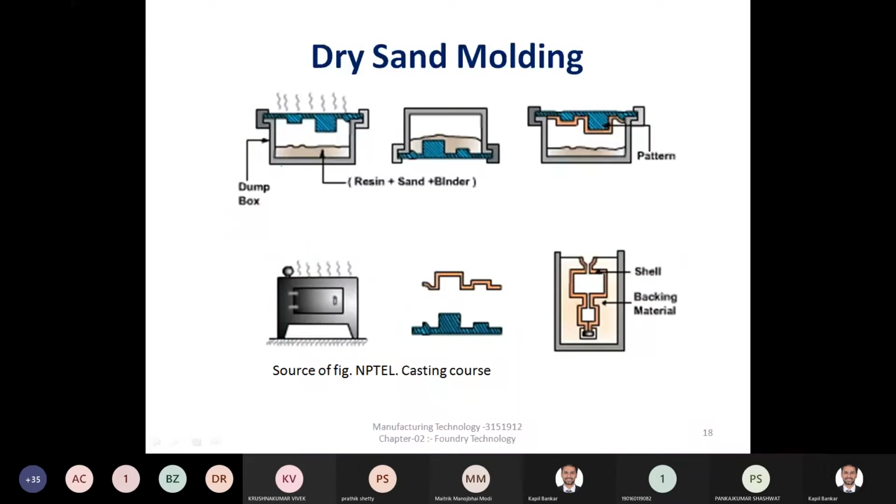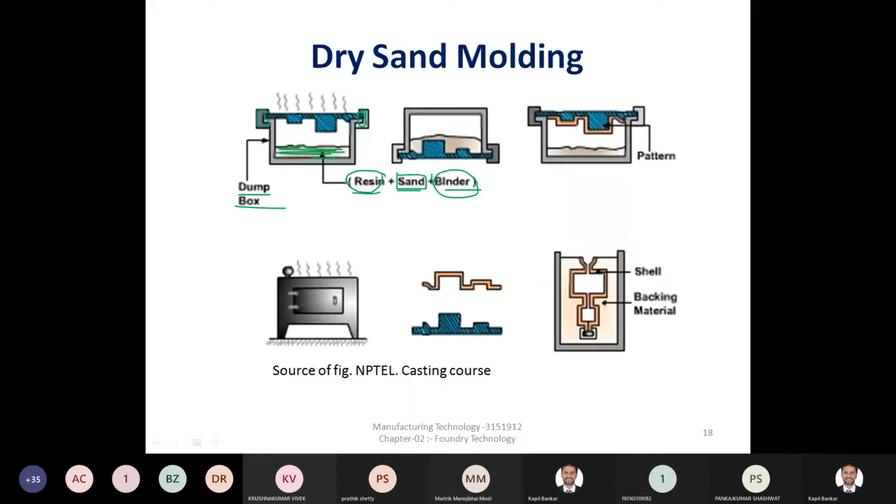This dump box is filled up with resin, sand, and binder. So silica sand is there, and in the silica sand some resin and some binders are added. On the top side, the heated pattern is clamped with a clamping mechanism.